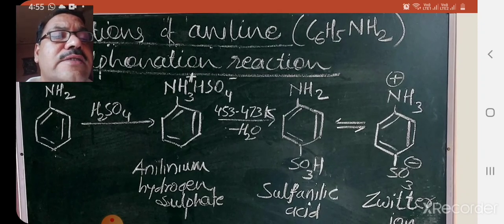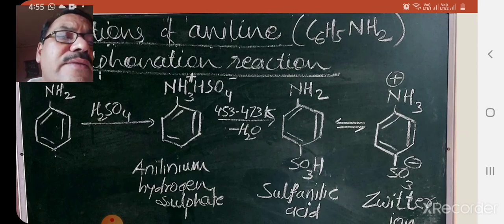Therefore, the product is sulfanilic acid, in which there is aniline and the SO3H group is at the para position. It is also called para-sulfonyl aniline.